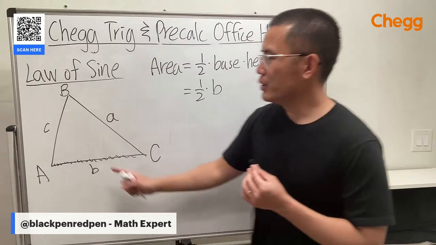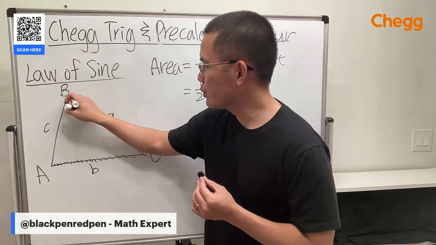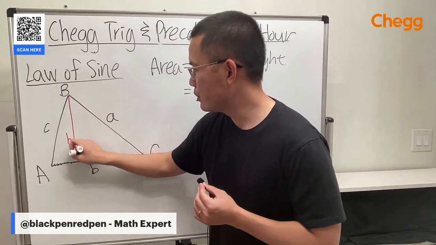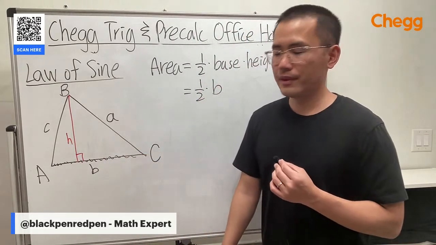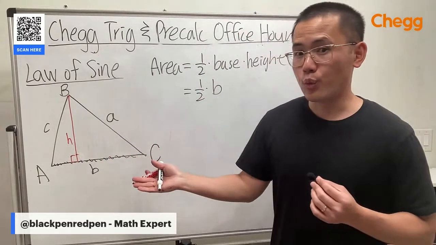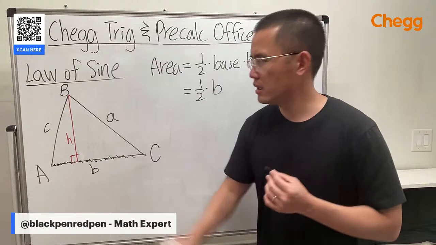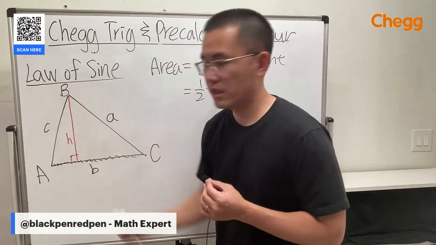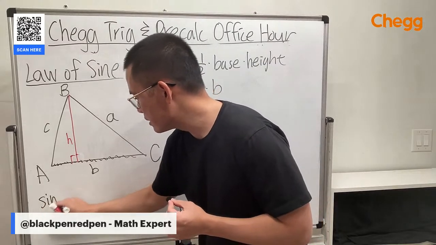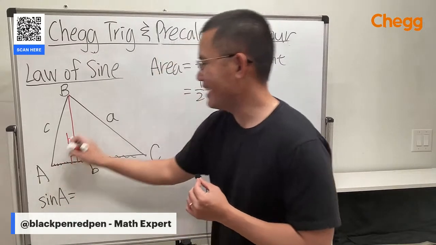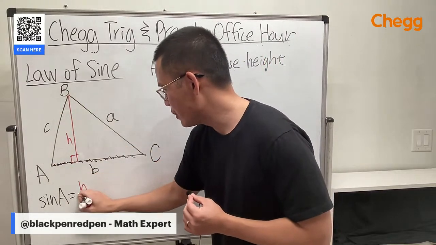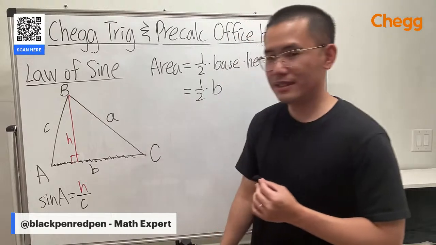Well, the height is you go to the other vertex, you drop a perpendicular, like so, and then you call that h. Now, here's the deal. This is perpendicular, so now we can work with right triangles. Look at this triangle here. This is the angle A. If you take sine of that, don't we get opposite over hypotenuse, which is h over little c.